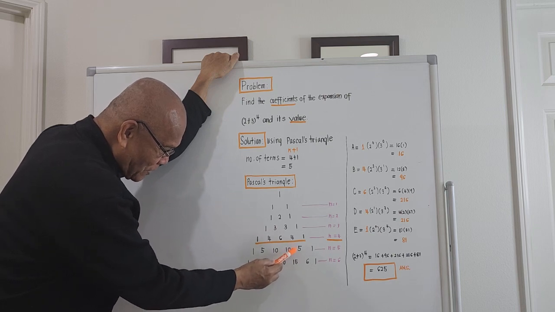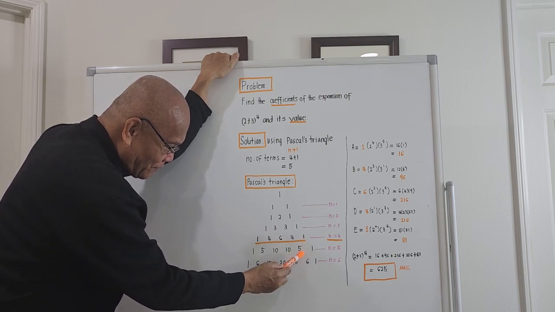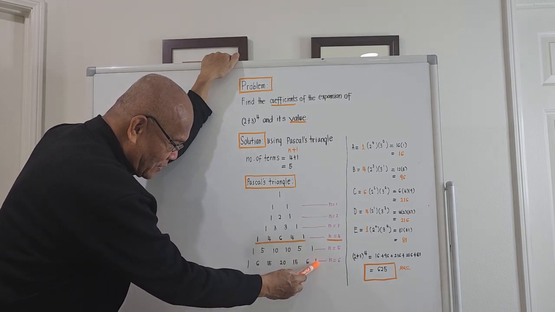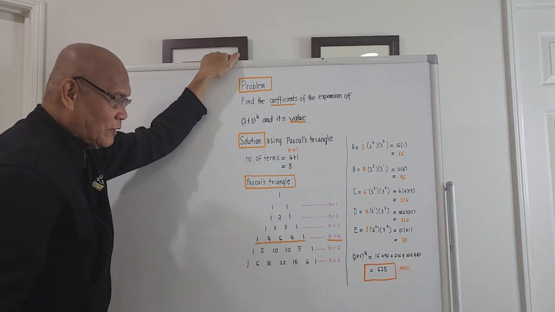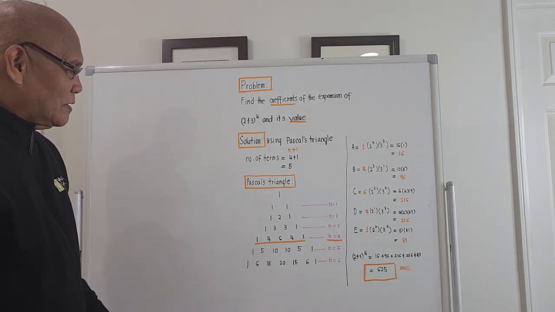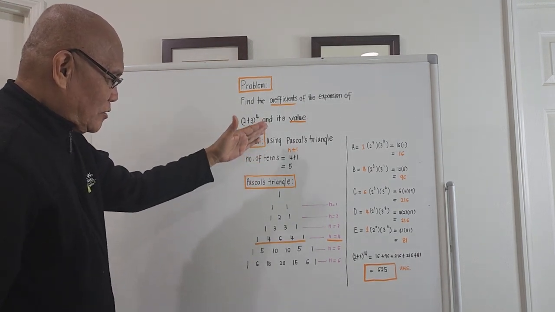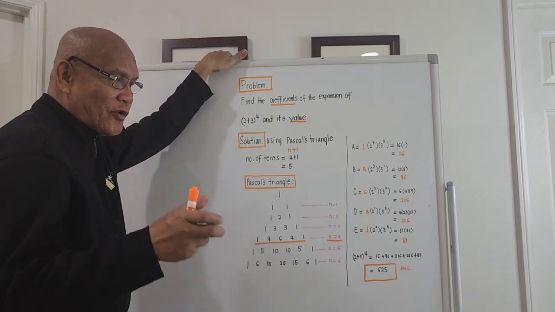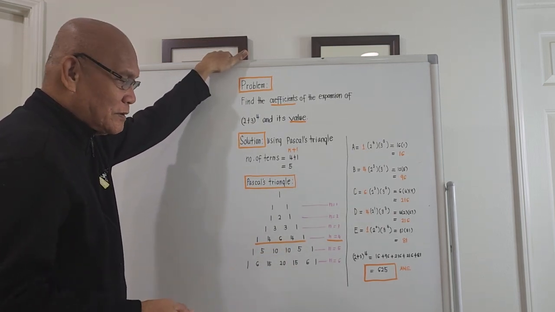Okay. 10 plus 5 will be 15. 5 plus 1 will be 6. And this is 1. And this is 1. Okay. It will be something like that. So actually by just constructing the Pascal's triangle, we could determine the coefficients of the expansion.